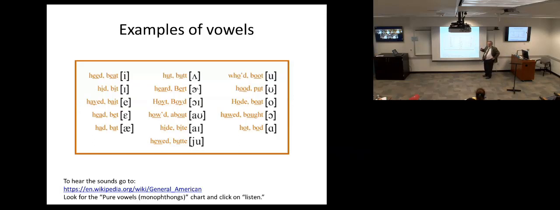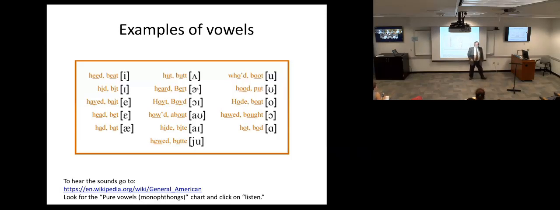It's just the way it works, it's actually complicated. And you don't need to remember what I'm about to say. Just so that we're clear, what you have is called an on-glide or an off-glide.